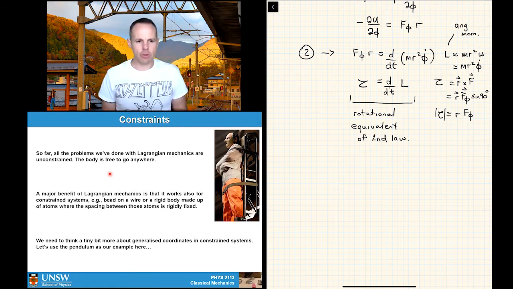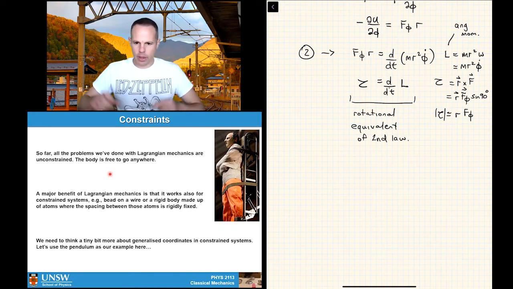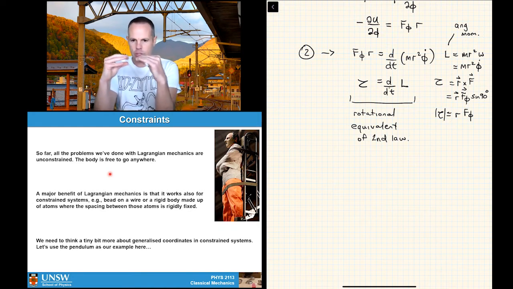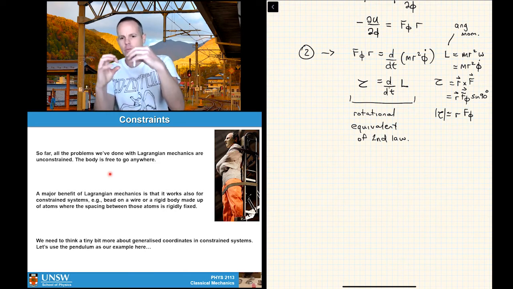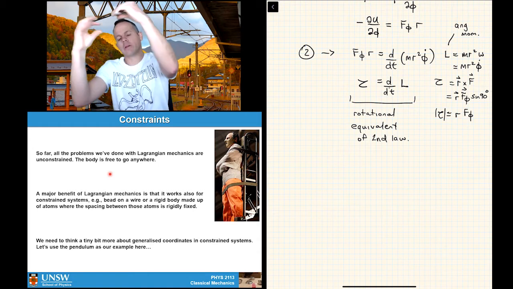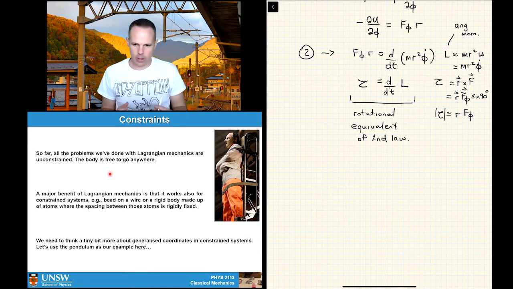A major benefit of Lagrangian mechanics is that it also works for constrained systems, like being on a wire or a rigid body made of atoms where the spacing between the atoms is rigidly fixed, so it's a constraint, right? This atom must be a certain distance from the other one, the whole body moves, and everything moves similarly because of this constraint between the separations, okay?